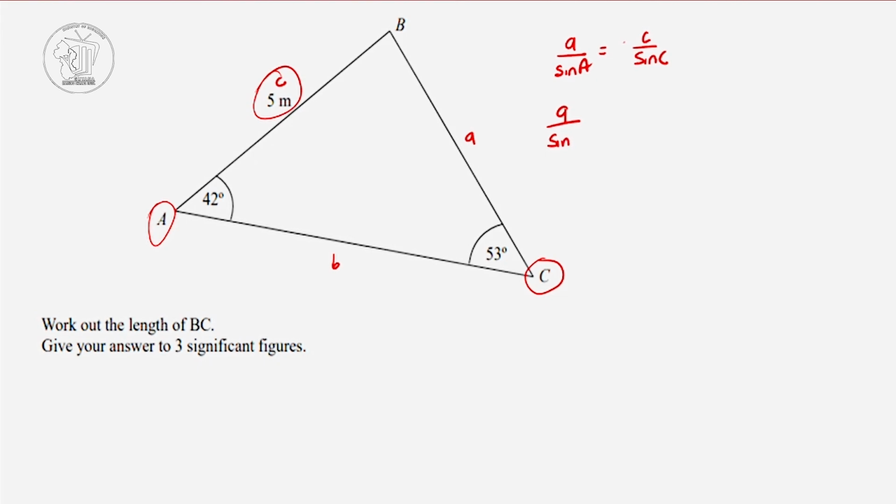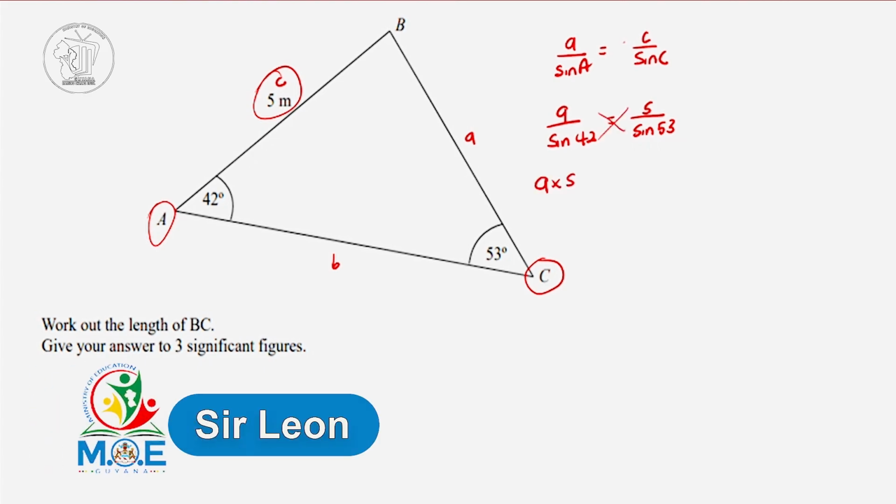A over sine A, where angle A would be 42, is equal to C, which is 5, over sine C, which is 53. So we have a fraction equal to a fraction. So we cross multiply. So we have A multiplied by sine 53 is equal to 5 multiplied by sine 42.